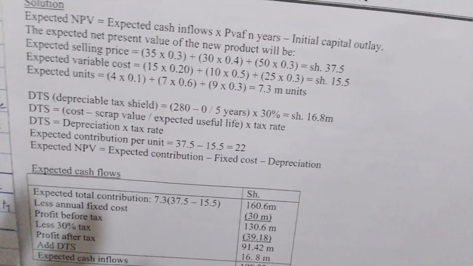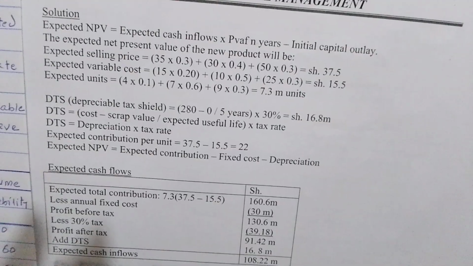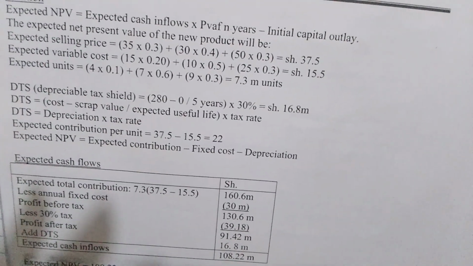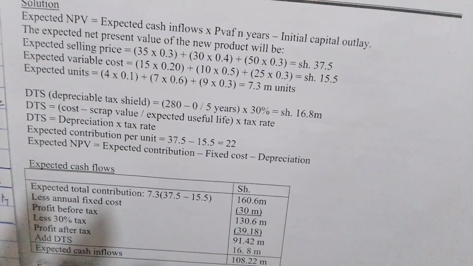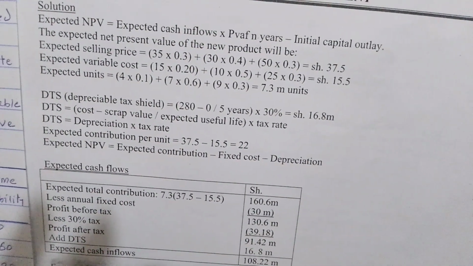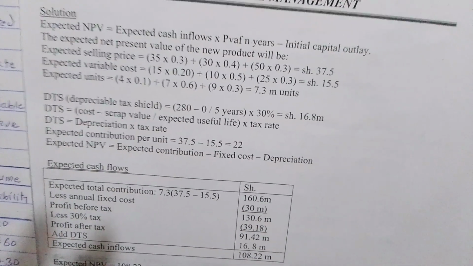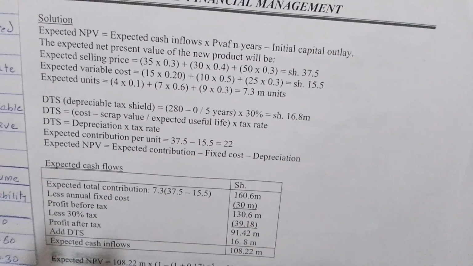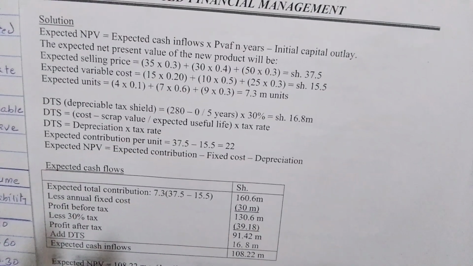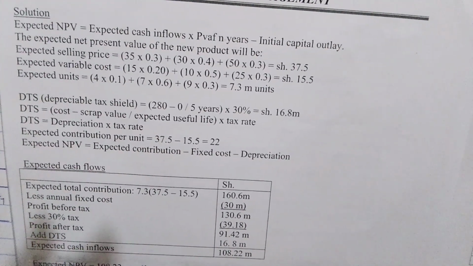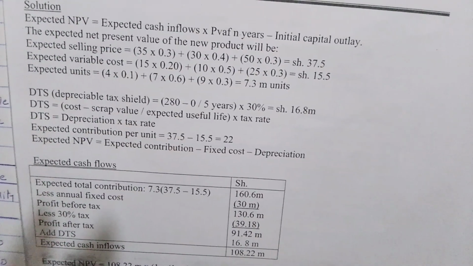The cost of this item was 280 million. The salvage value was 0. Expected number of years is 5 years. So depreciation is 280 minus 0 divided by 5. And your answer, you multiply by tax rate of 30% to get depreciable tax shield, which is 16.8 million.